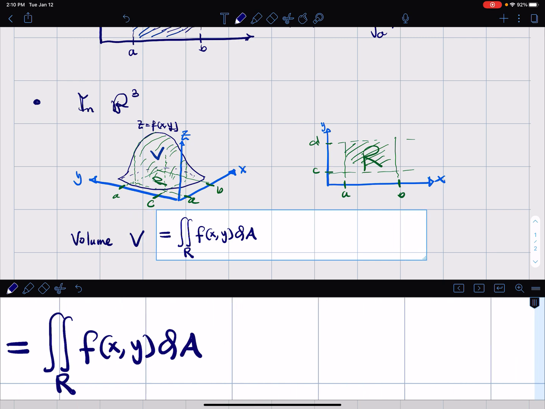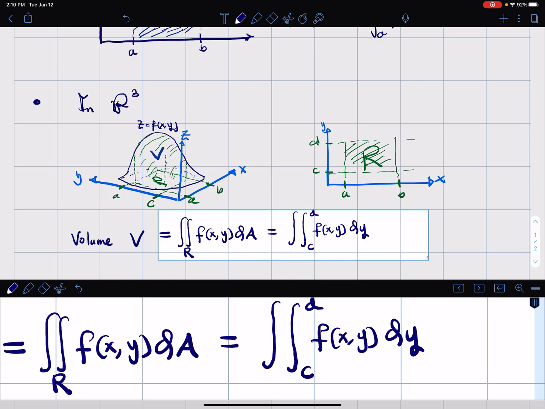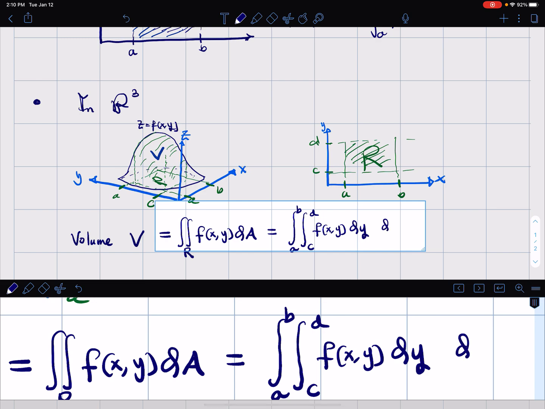But how do you calculate this double integral? Since it's a rectangular region, I'm going to go from C to D first. You're going from C to D of f of x, y, dy. You go dy first from C to D, and then you go from A to B, dx.